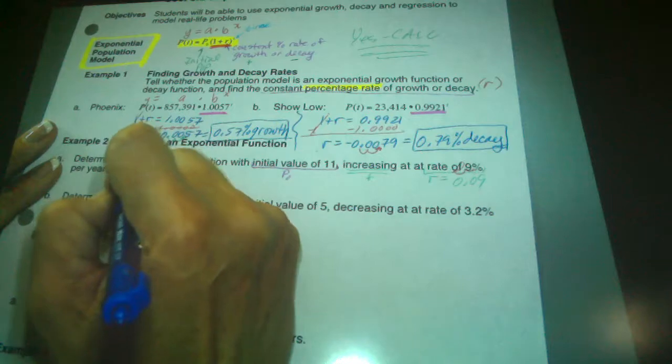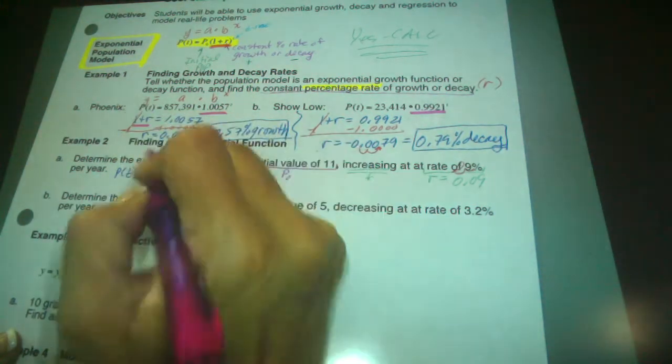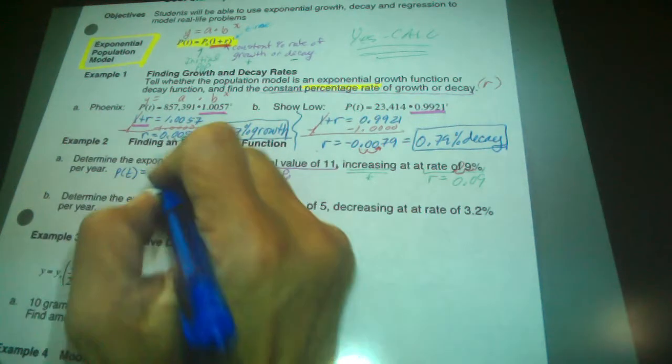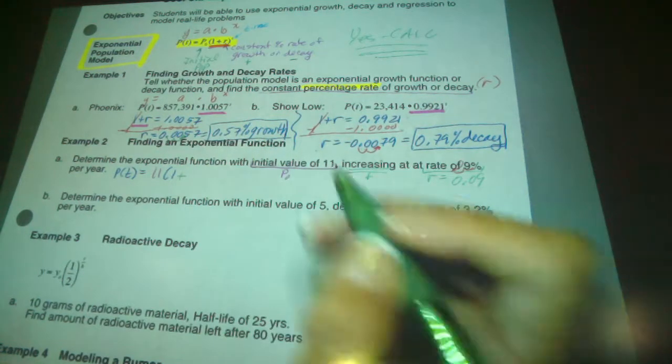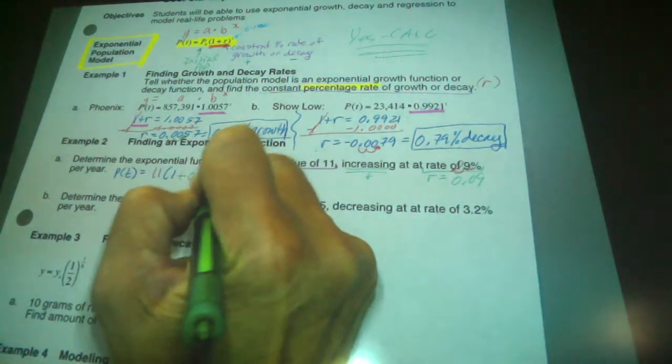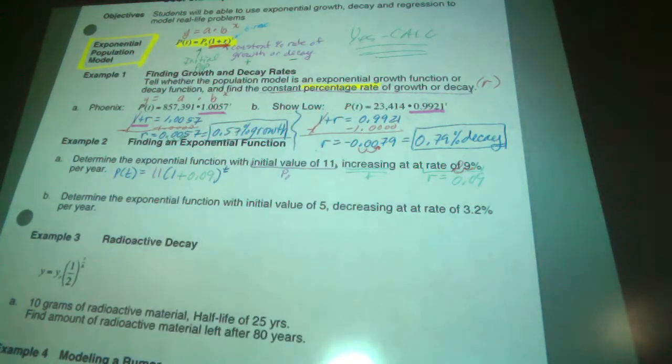So let's go ahead and write our formula. P sub T is equal to, instead of P sub 0, I'm putting in 11 times 1, and then because my R is positive, I'm putting in plus 0.09. And parentheses, I'm raising that to a T. I'm perfectly happy with that as an answer, but I don't know if Math Excel will take it.